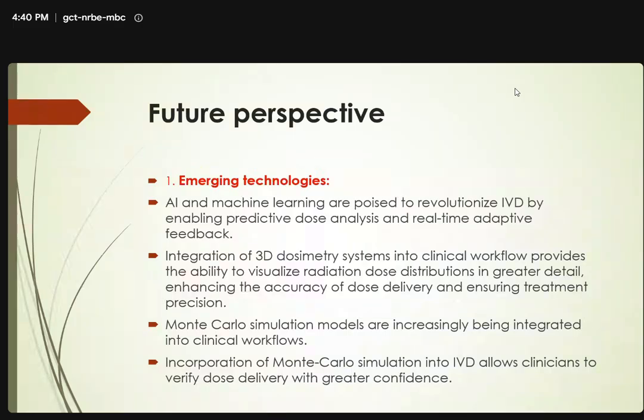So, with the help of these emerging technologies, in vivo dosimetry can be more important and helpful for the clinical practices.